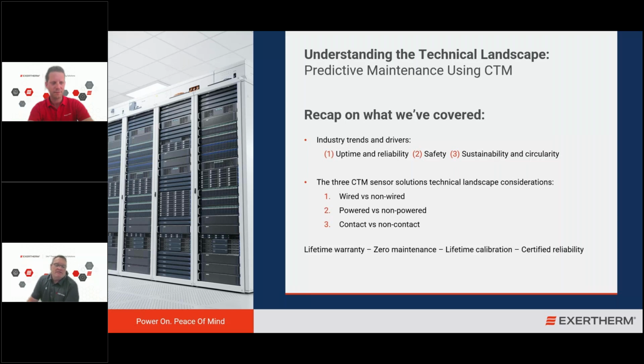All of this, again, to minimize the degradation of your critical electrical assets, drive uptime and reliability. Of course, safety is huge. And then the sustainability of not just the equipment, but the overall impact on the ownership of that equipment.